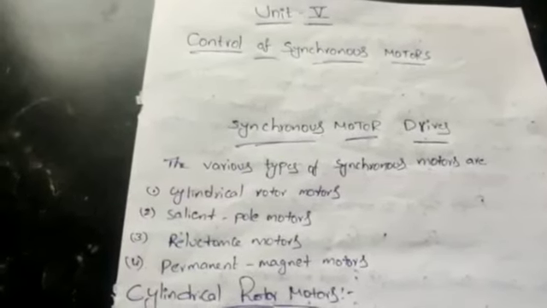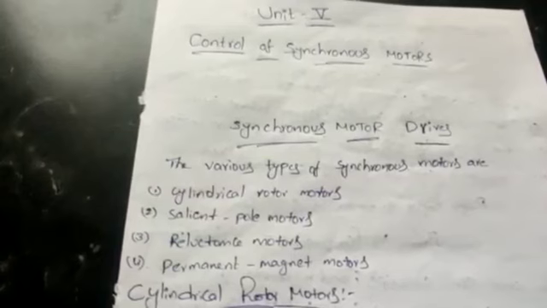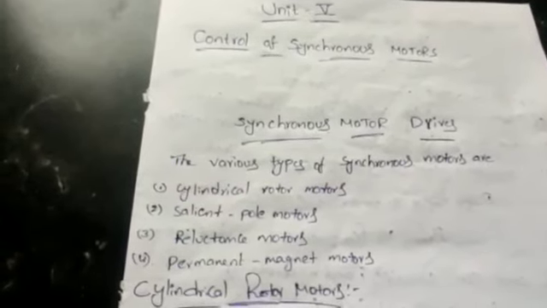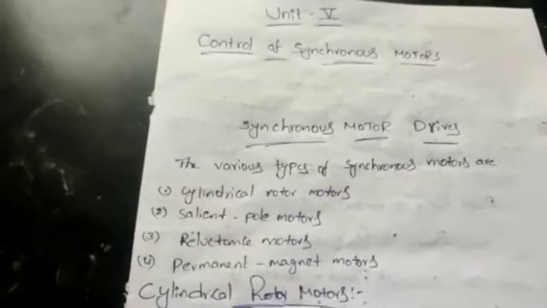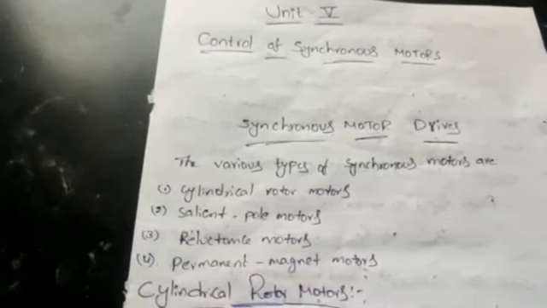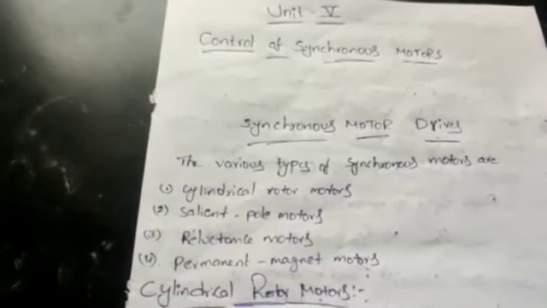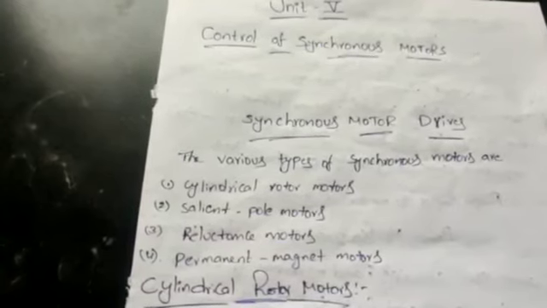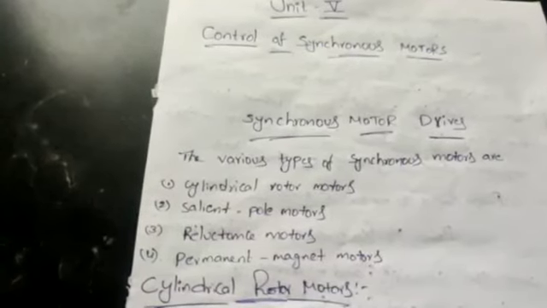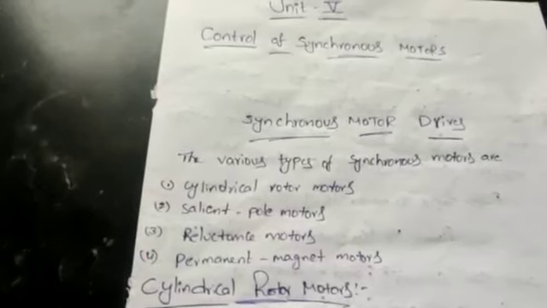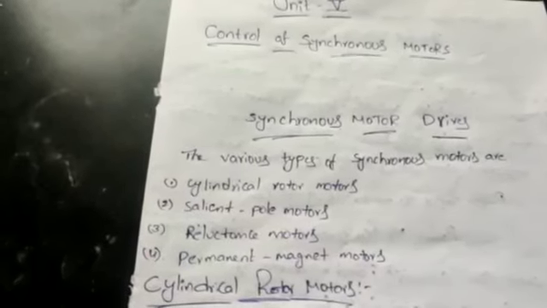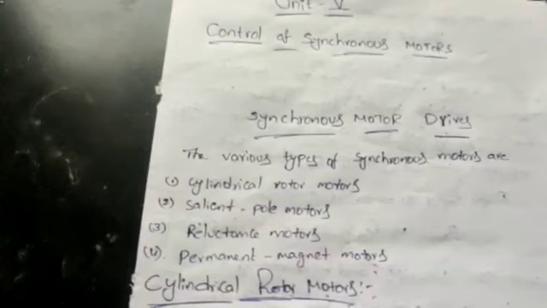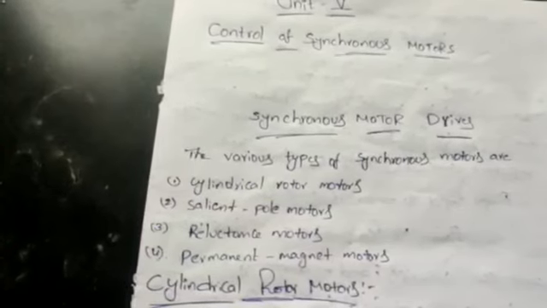The two magnetomotive forces combine together to provide the resultant magnetomotive force. The field magnetomotive force interacts with the resultant magnetomotive force to produce electromagnetic torque. A synchronous motor runs always with zero slip.